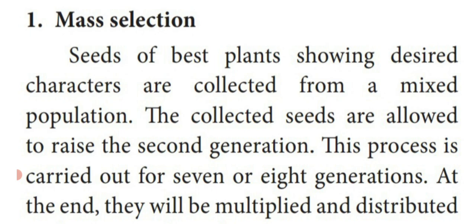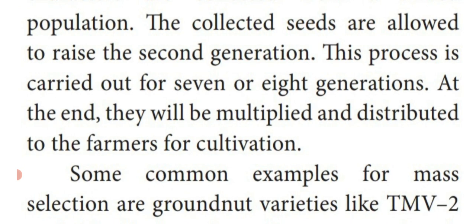Likewise, this crop cultivation takes place for 7 or 8 generations. At the end of the 8th generation, we are able to get a newly formed crop with a different character or quality.